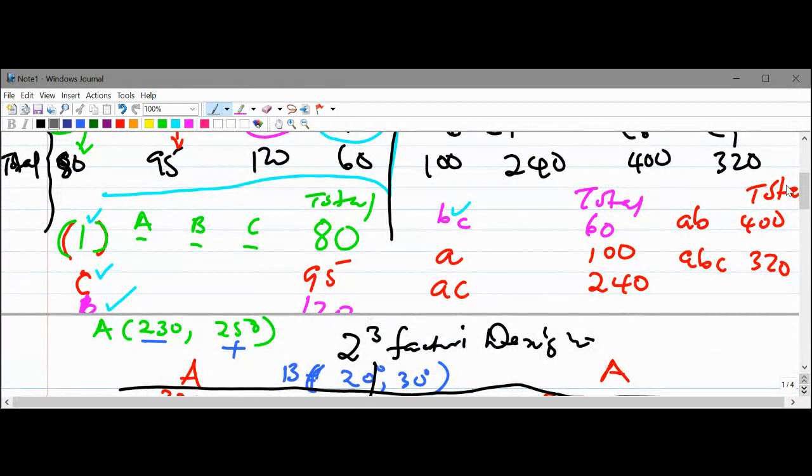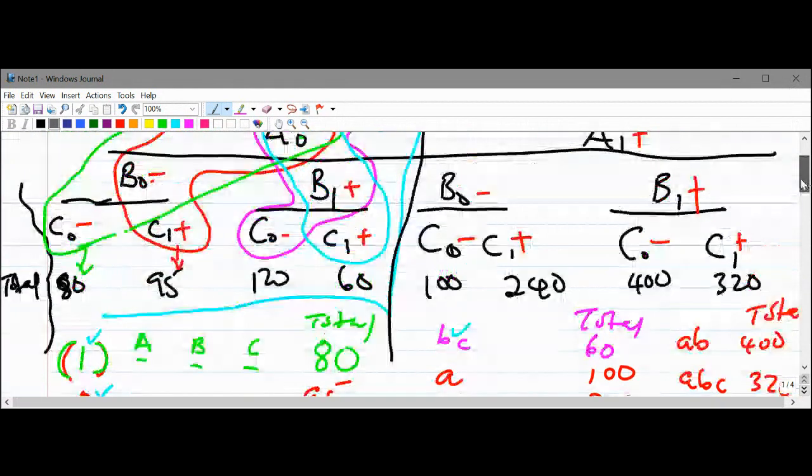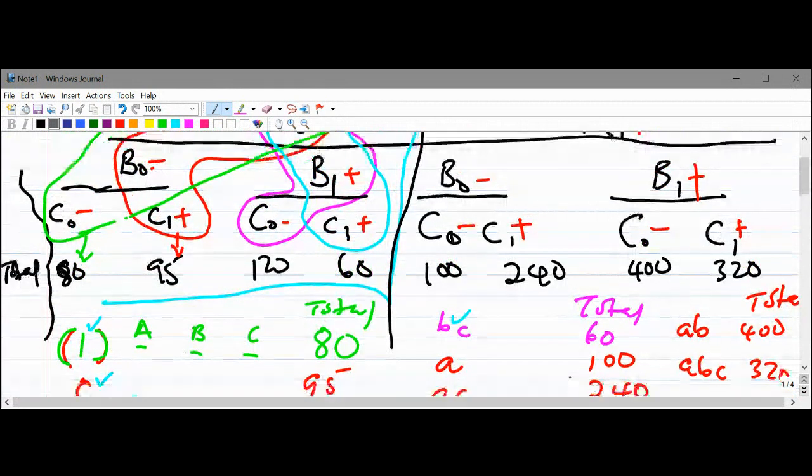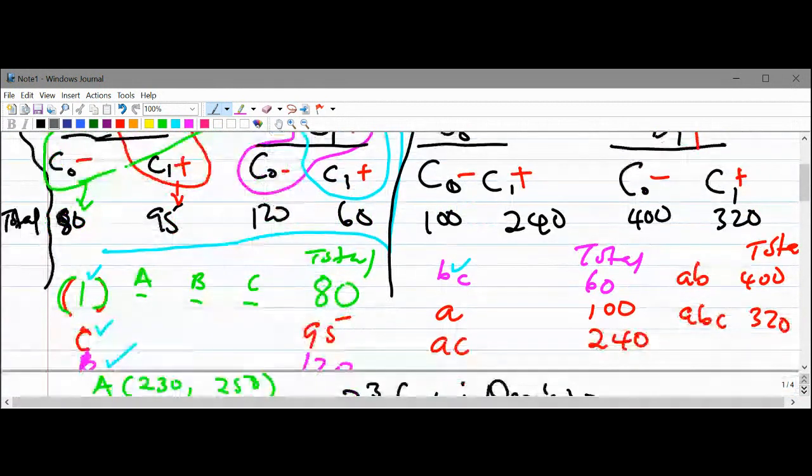You said when A is low, B is low, C is low, it's going to give you the neutral, followed by C, followed by B, BC. Let me write it down. This is the order in which you find this treatment combination.